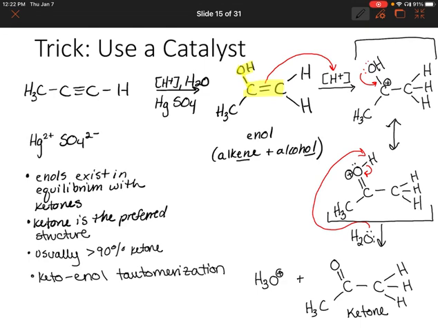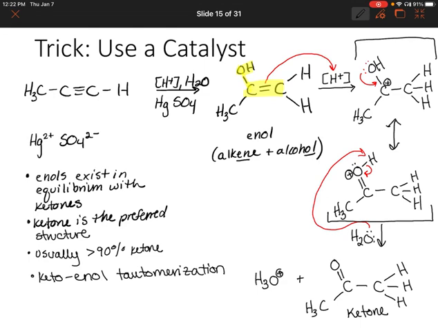They're very different structures, but they are in equilibrium with each other. So remember, resonance structures are just two different ways to show the same molecule, which is what I have in brackets. But the enol and the ketone themselves are two separate molecules. Just something to keep in mind.